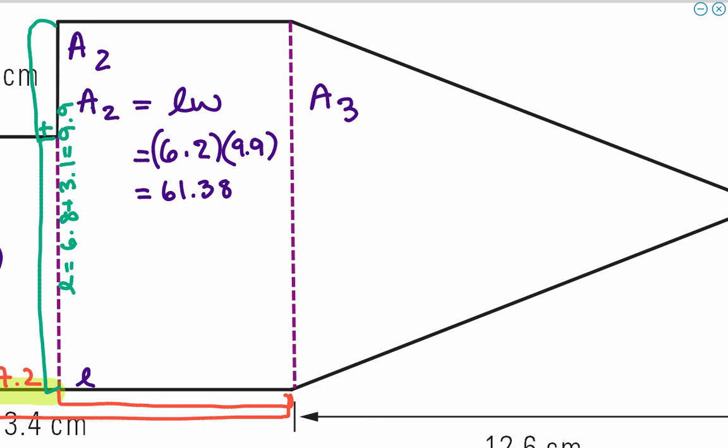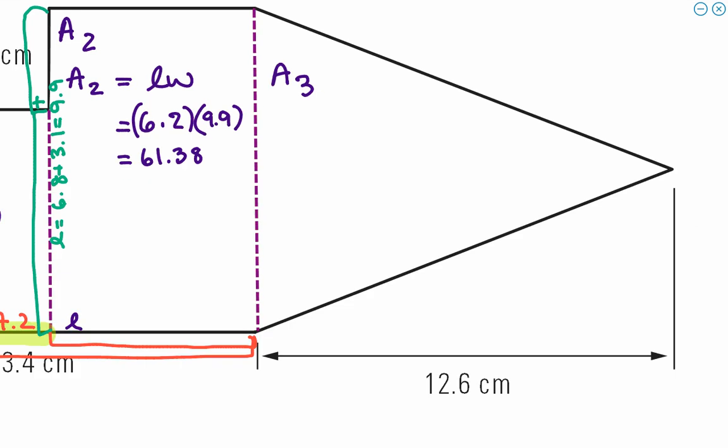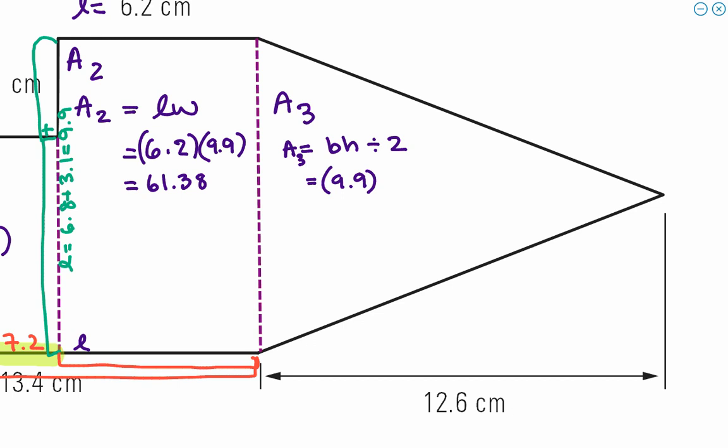Area 3. What is our formula? There we go, divided by 2. So what's our base length? In case you're wondering where 9.9 came from, this would be my base, and that is parallel to this, which is 9.9.